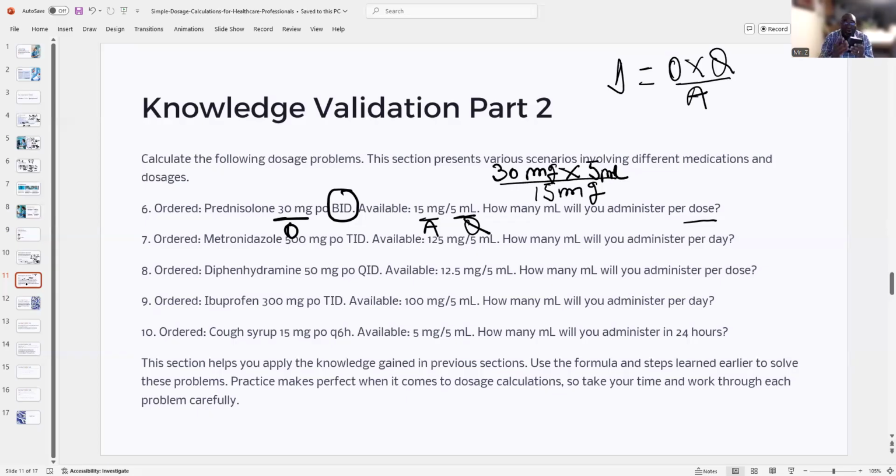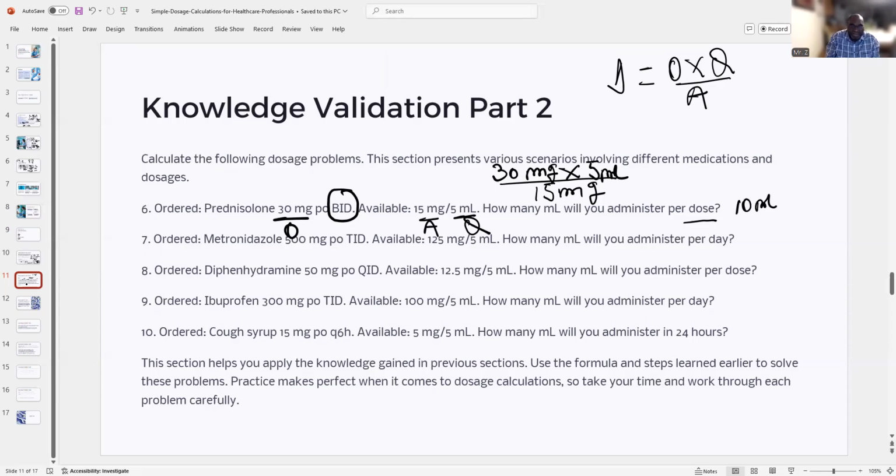That gives you a concentration. You have the available dissolved in some number of milliliters. So you're going to have 30 times 5, divided by 15. You have 10 milliliter.